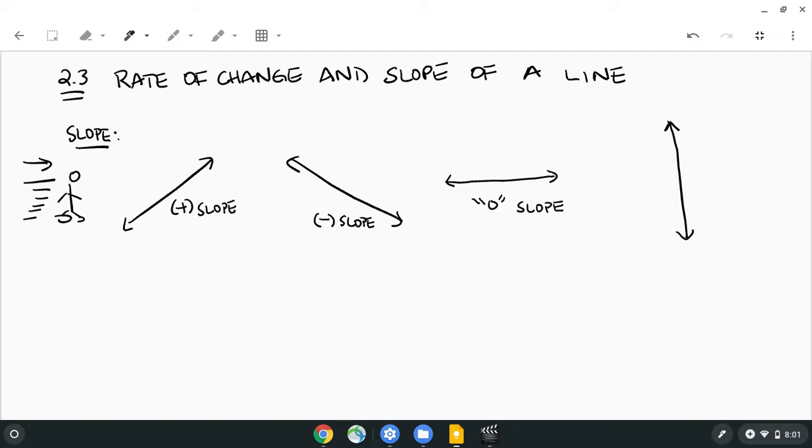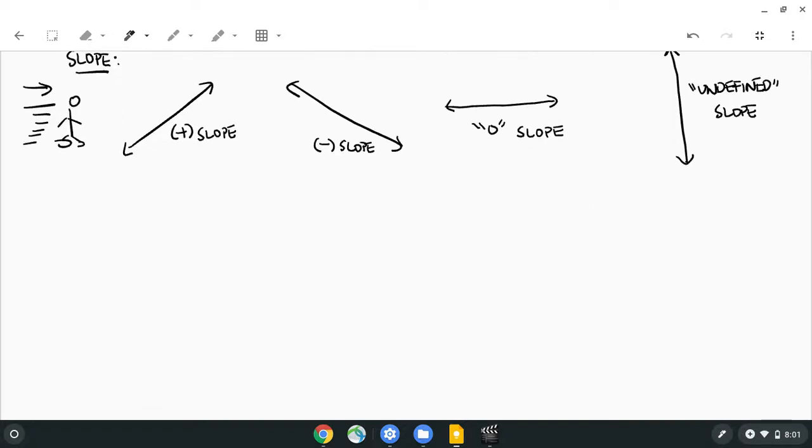And the slope of this vertical line would be undefined. So make sure you're aware of the directions of your lines and what sort of slope they have. They will either have a positive slope, a negative slope, 0 slope, or undefined slope.